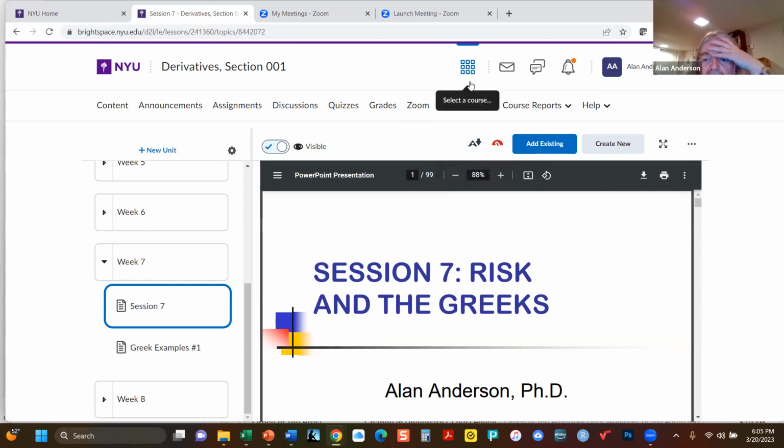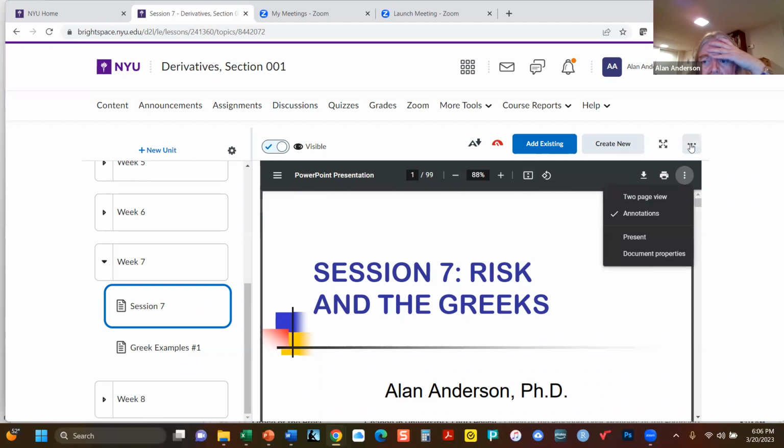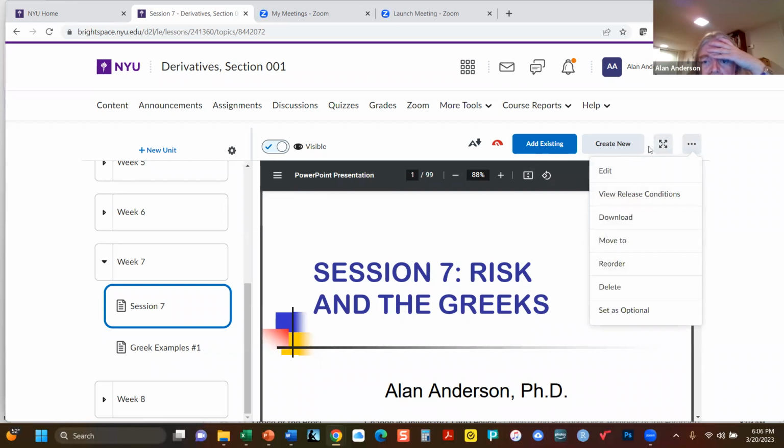Is there like a cloud here? No. As far as I can tell, this is the only option that I have for downloading stuff. All right. Well, if there's another way of doing this, they tried to claim that there is, and then they didn't bother to tell me what it was.